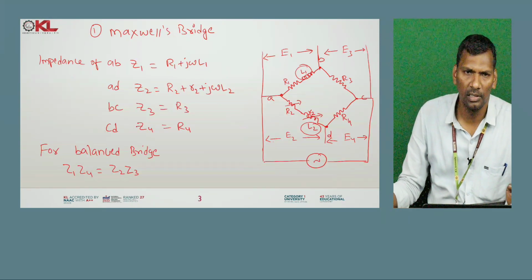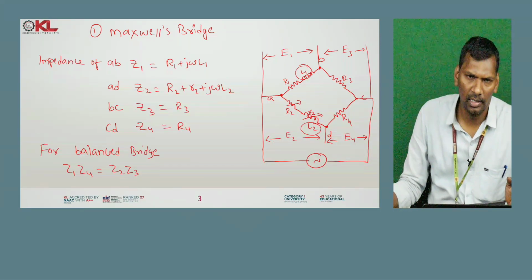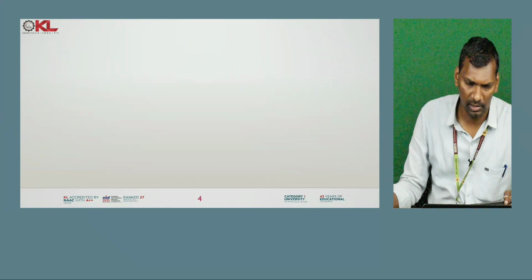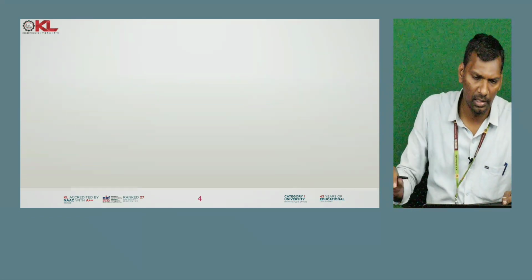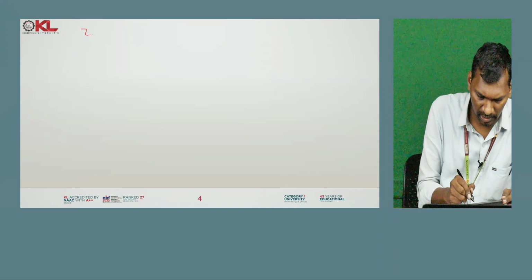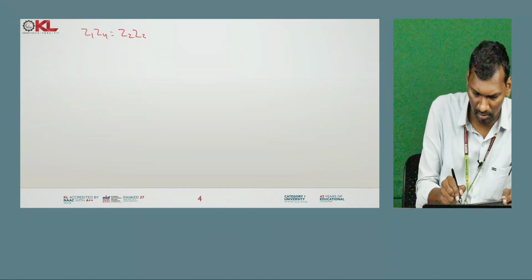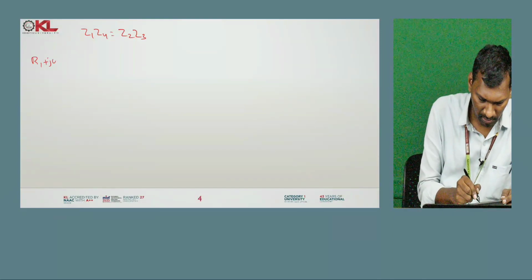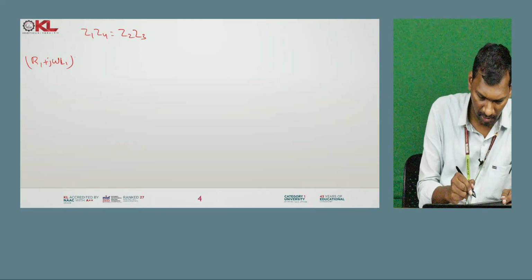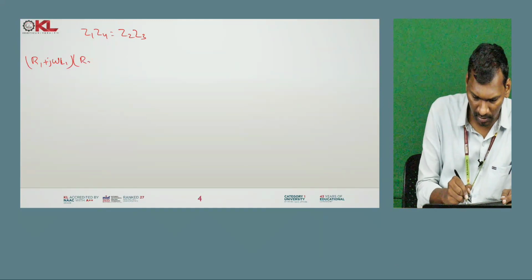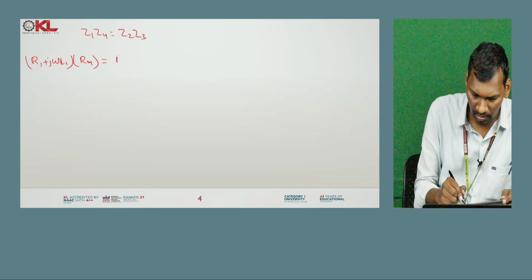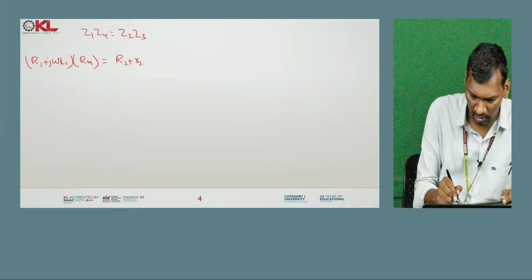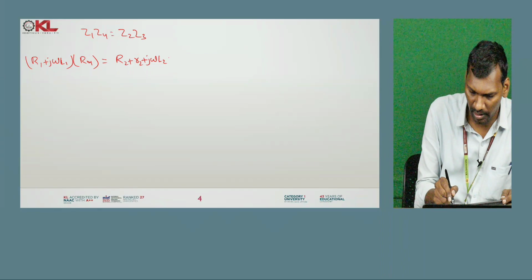Now substitute these impedances and multiply them, then we will get, let us again write that expression. Z1 Z4 is equal to Z2 Z3. Now Z1 is R1 plus j omega L1, Z4 is R4, Z2 is R2 plus small r2 plus j omega L2, into R3.